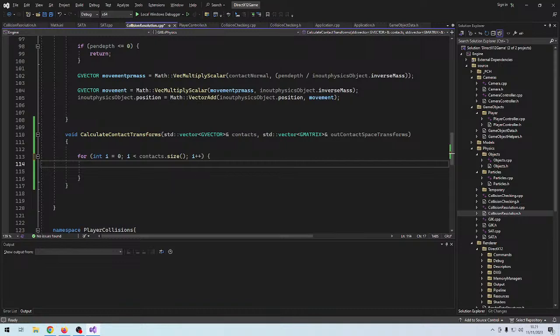Then we want to calculate a transform that is able to rotate from the world space into the contact normal, where you set the contact normal to be one of the local axes of a local coordinate system.